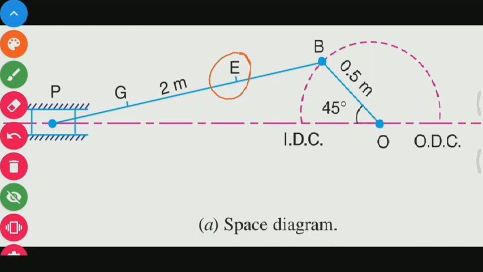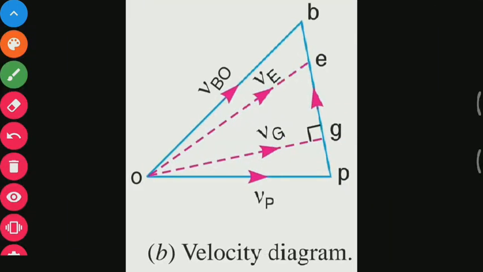So we can locate the points E and G on vector PB. Then join points O and E. Similarly point OG you can join and show the direction. In this way, this is the velocity diagram of the given space diagram.